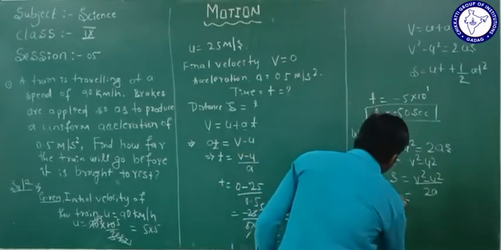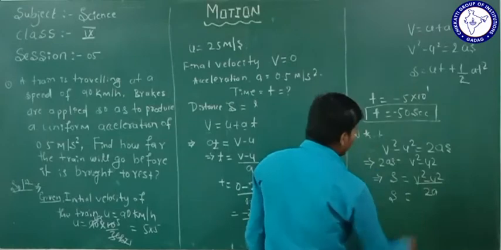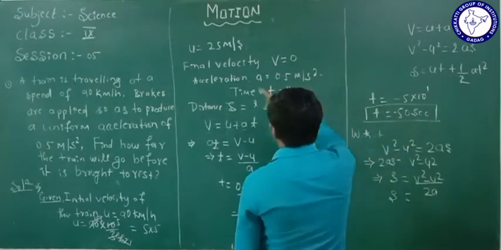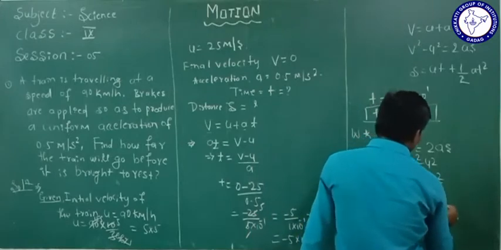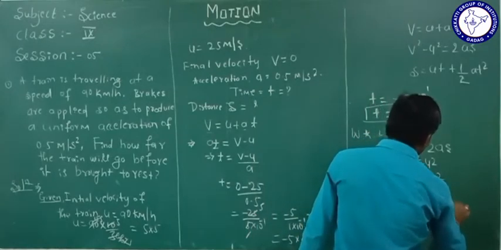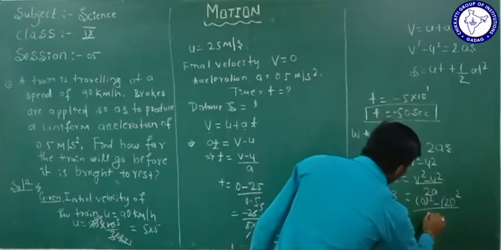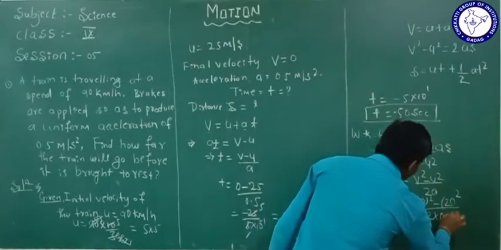So s is equal to v square. What is the value of v here? Value of v is 0, that is 0 square minus u square, the value of u is 25, 25 squared, divided by 2 into 0.5.